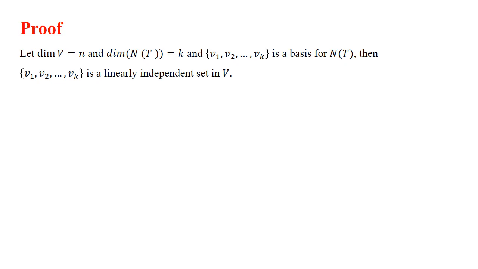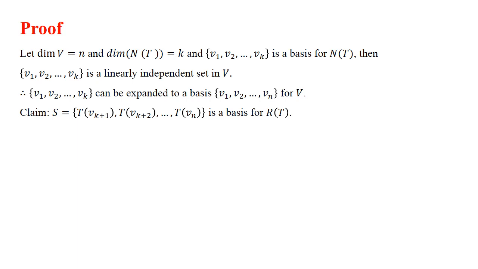As v1 to vk form a basis, these vectors are linearly independent, and we can expand these k vectors to n vectors of V. We shall claim that T(vk+1), T(vk+2), etc., T(vn) is a basis for the range space of T.